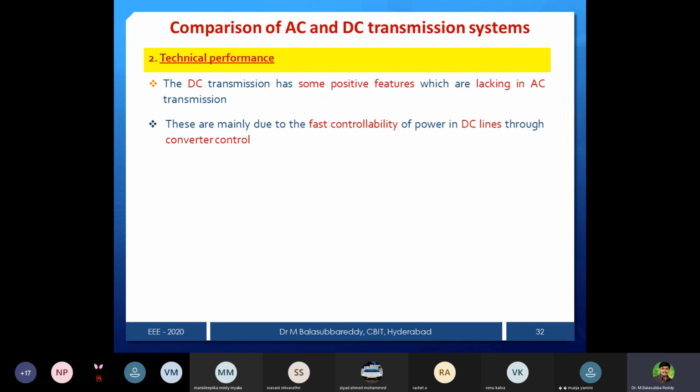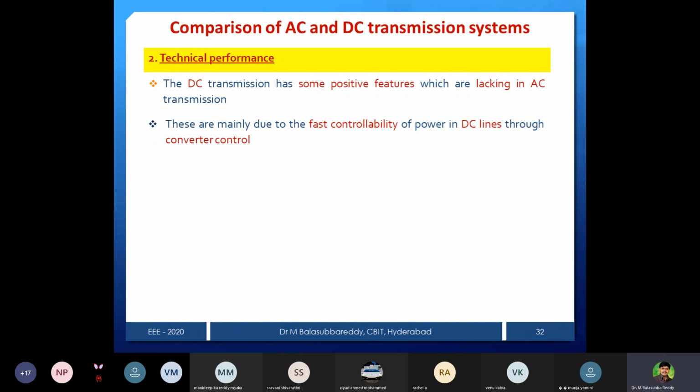Whereas in DC transmission, control is very fast. As I already mentioned, at whatever instant you want to fire the devices, you can fire them through the firing circuit.